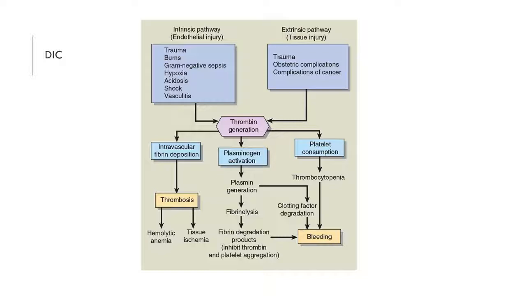It can also happen by the extrinsic pathway, meaning that there's been trauma, obstetric complications, or complications related to cancer that also may have activated the thrombin generation.